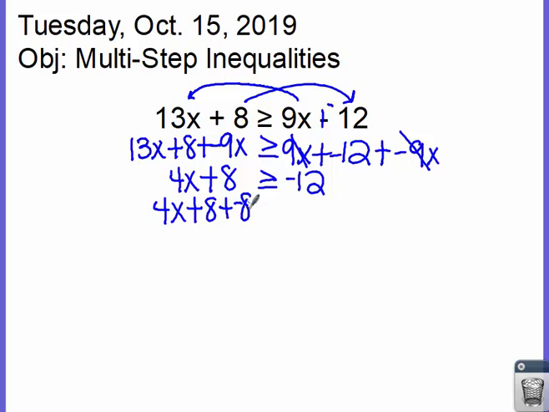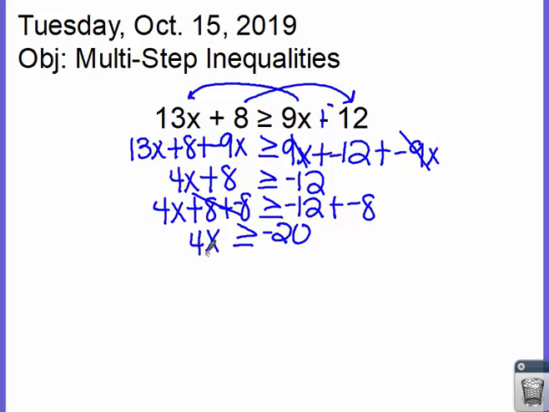So I have negative 8. So bring down my inequality symbol. I have negative 12 plus negative 8. Okay? So these cancel out right here. So I'm left with 4x on my left side. I bring down the inequality symbol. Negative 12 plus negative 8 will give me negative 20.